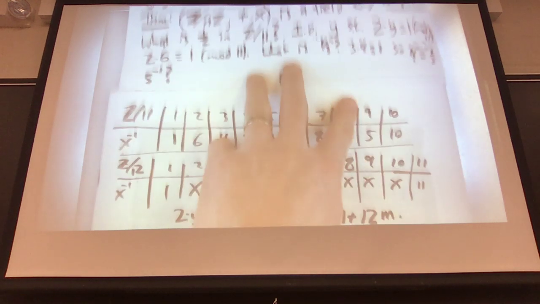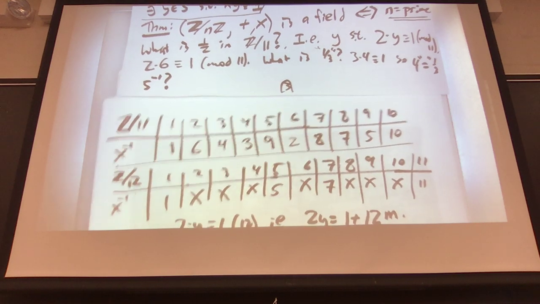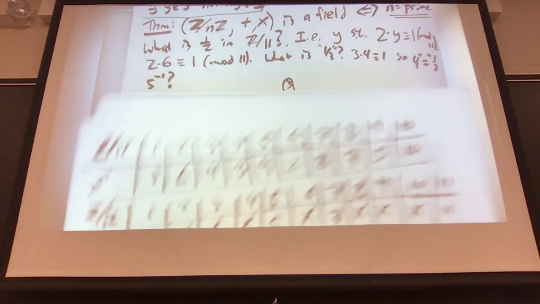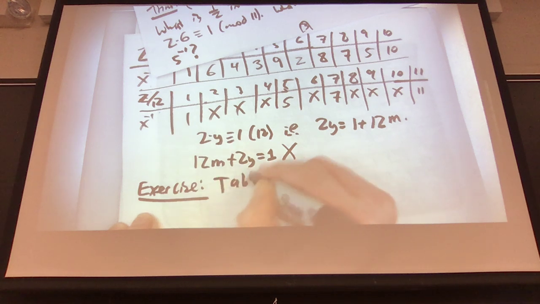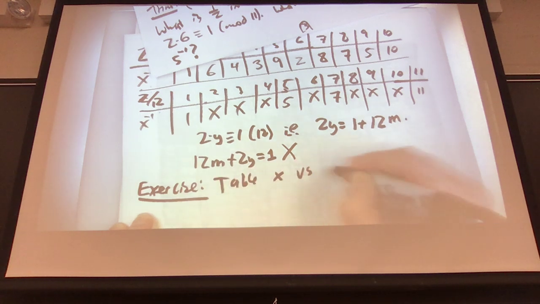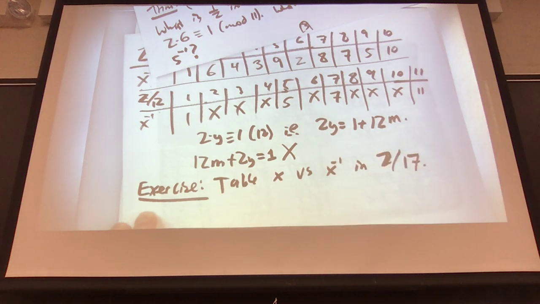So now you see this theorem is actually very easy, and it's an immediate consequence of the Euclidean algorithm. Question? How do you prove this theorem? Maybe this is a good place to make an exercise. Exercise: make a table of x versus x inverse in Z mod 17.